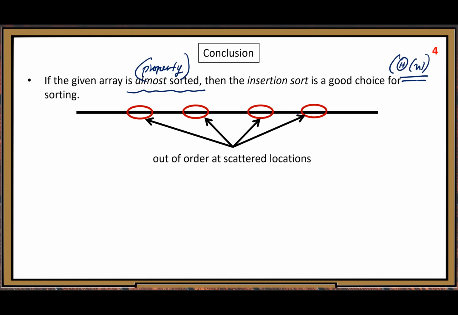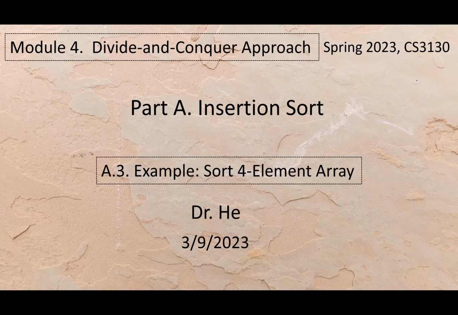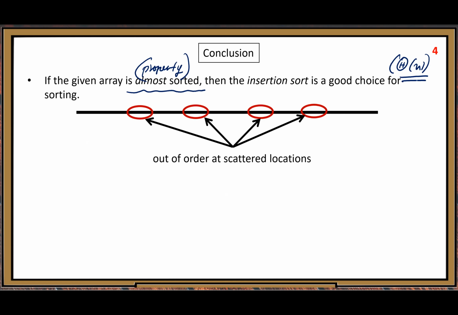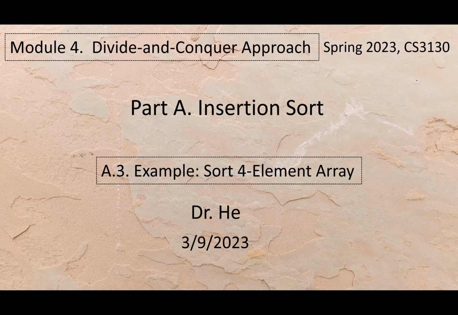When you have this kind of data, the best algorithm to use to make it sorted is insertion sort. So that is the conclusion we have for this sorting algorithm. All right, let me stop. Next time I have one example, where I want to use the insertion sort idea to solve this simple question.